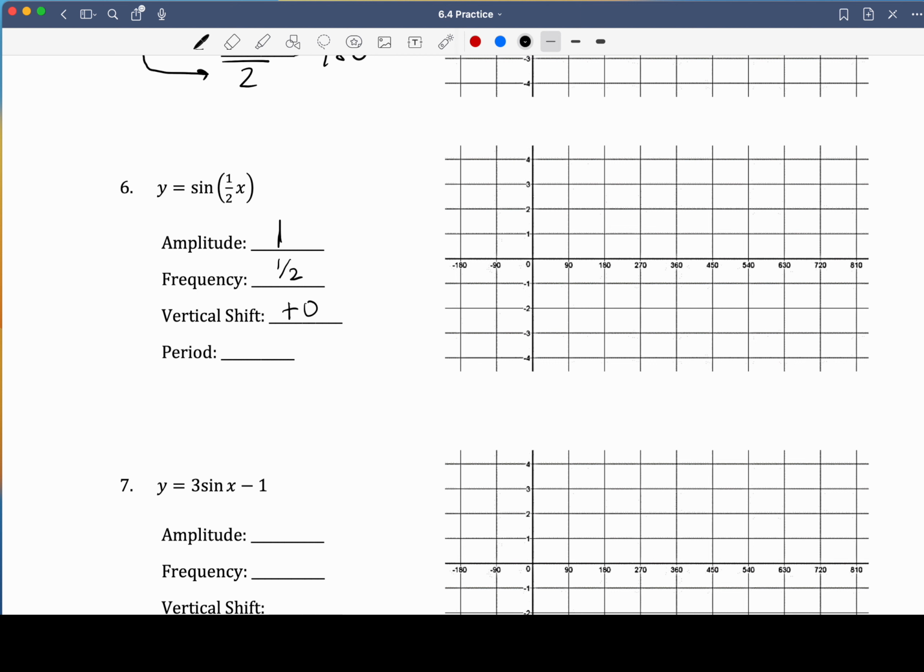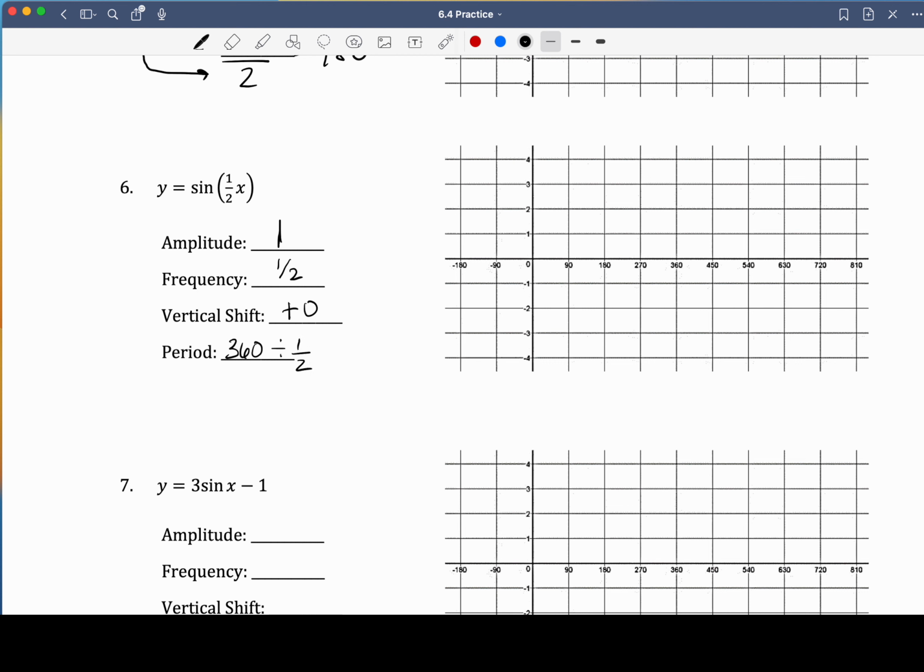Now, anytime I have a fraction and you think, well, how do we find the period? We take the period, which is 360 in our case, and divide it by 1/2. Well, if I write 360 divided by 1/2, it just is unsettling. And so what I'd rather do, when I have a fraction as a frequency, is write 360 divided by whatever my frequency is.